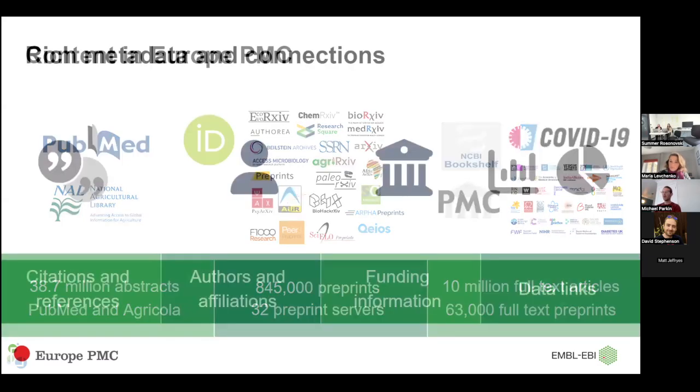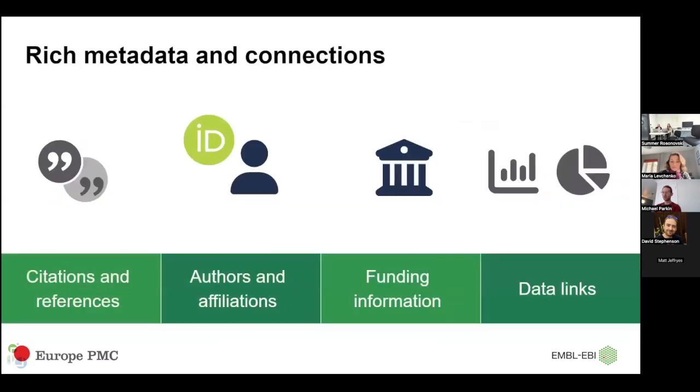Also worth mentioning that Europe PMC is a lot about linking those journal publications and preprints to other sources of content. So if you're looking at things like reference lists of articles, citation counts for articles, we also have information about the authors and affiliations on those journal publications.